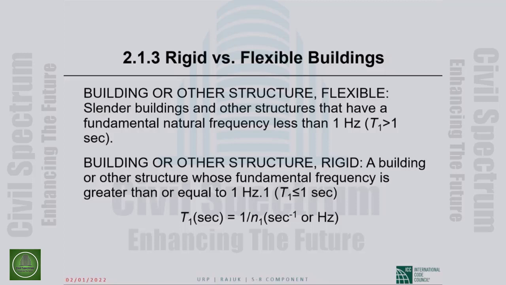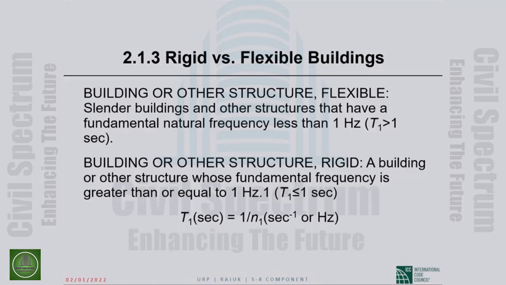Period is in seconds, T seconds. If you take the reciprocal of that, 1 over T, second to the power minus 1, that would be the frequency. We used to denote it by F in ASCE 7. It is N. I don't know why.